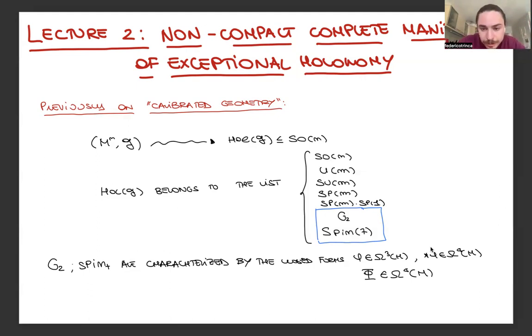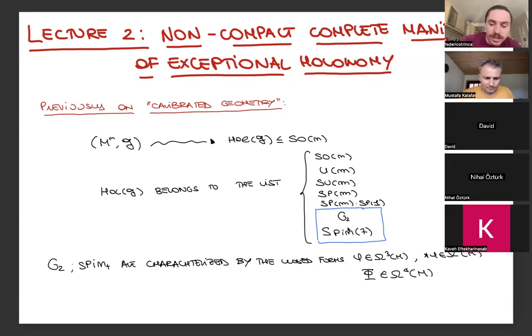So a priori, Berger's list originally included more Lie subgroups of SO(n). Indeed, Spin(9) was also in the list, but it turns out, due to the work of Fernandez and Gray and Alekseevsky, I think, that it must be a symmetric space. So a priori, G2 and Spin(7) could also not appear really in the list.